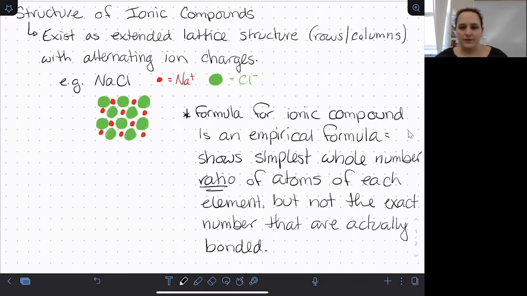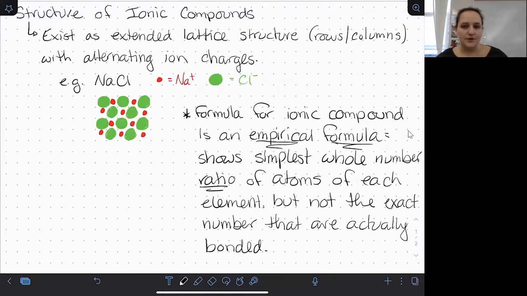So when we write the formula NaCl or any ionic compound, we're not specifically saying one sodium is bonded to one chlorine. We are saying that in this sample, there is a 1-to-1 ratio of sodium to chloride ions. There are equal numbers of sodium to chloride ions, and that is what the formulas for ionic compounds, and this idea of an empirical formula, are intended to express.